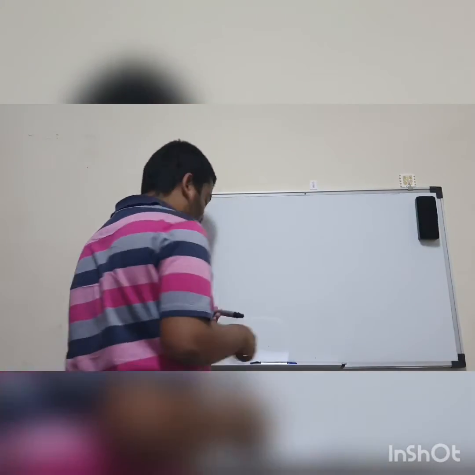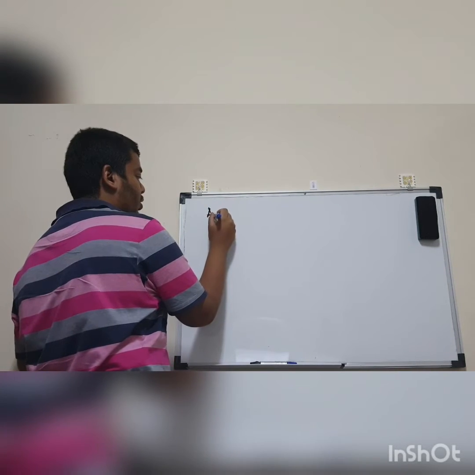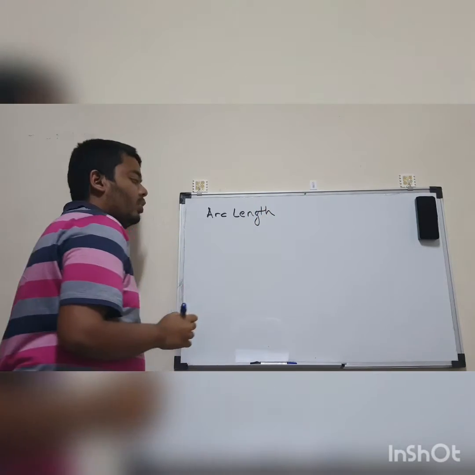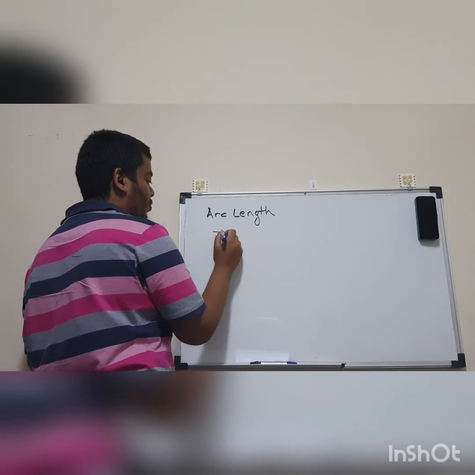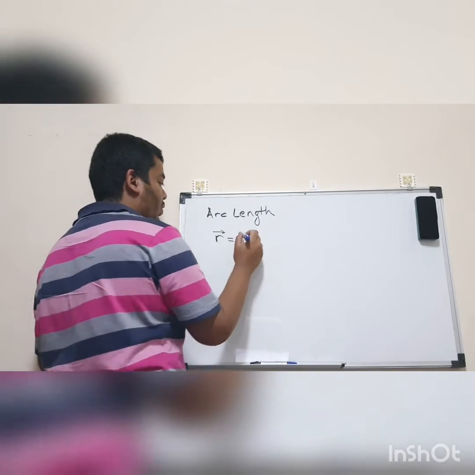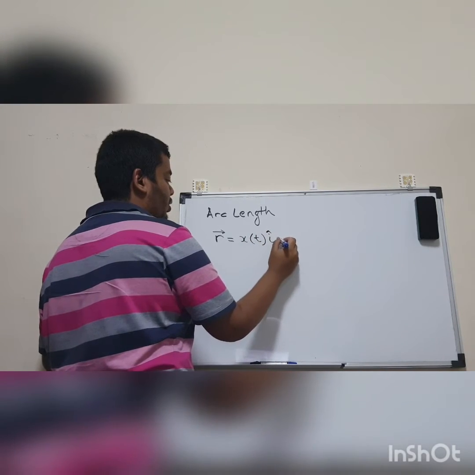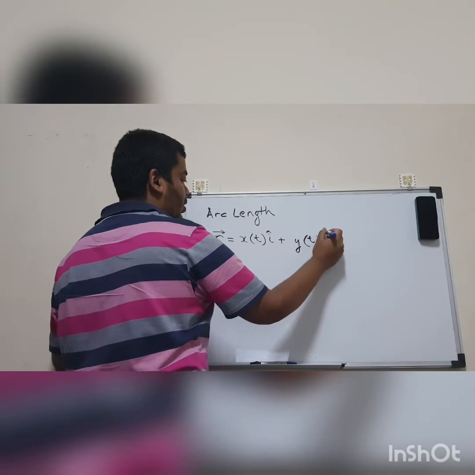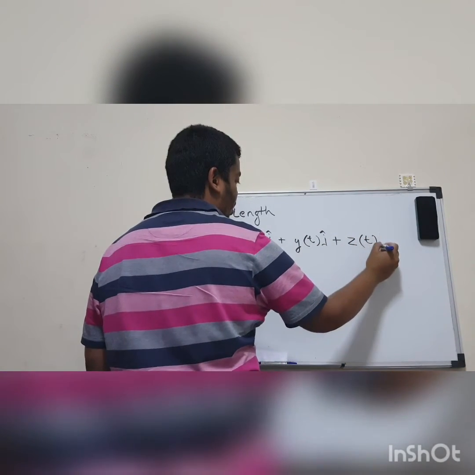Okay, so let's go on and study the arc length. Let us consider a position vector r, given by x of t in the i component plus y of t in the j component plus z of t in the k component.